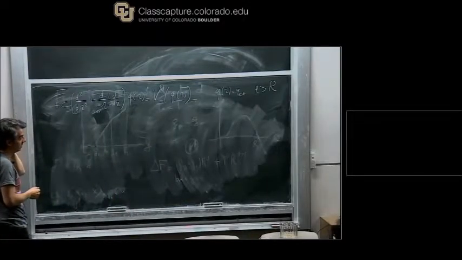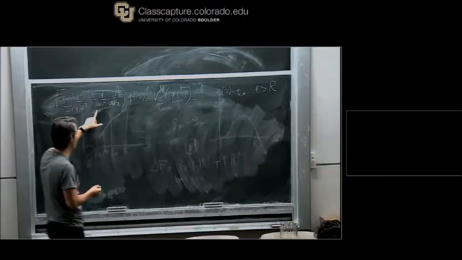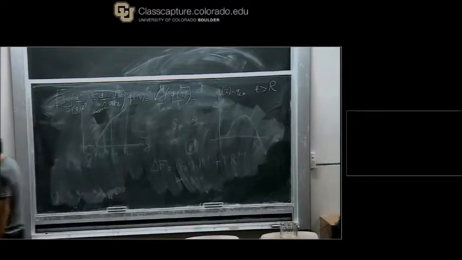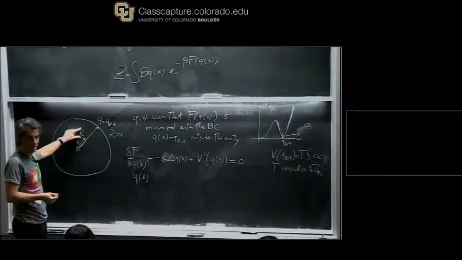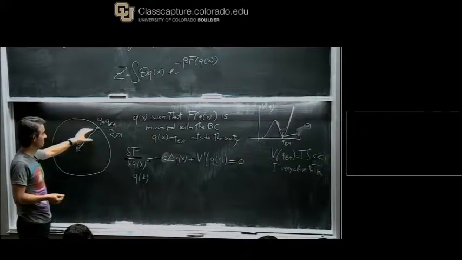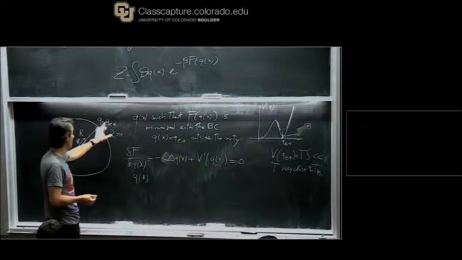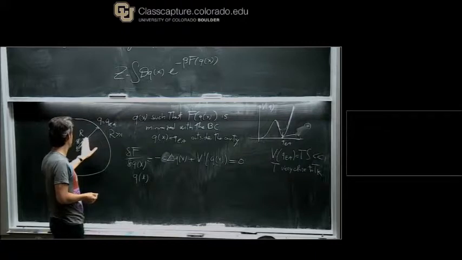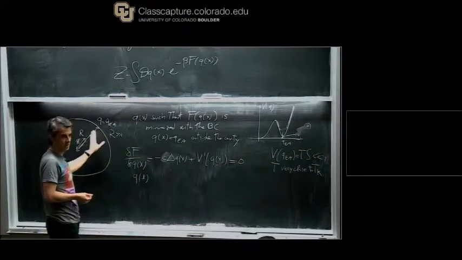Now, to solve this equation, again I'm simplifying, even though the result at the end is correct in general: I'm taking big R very, very large. Since big R is very large, Q of r will change close to the boundary.